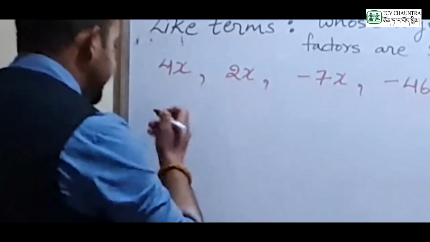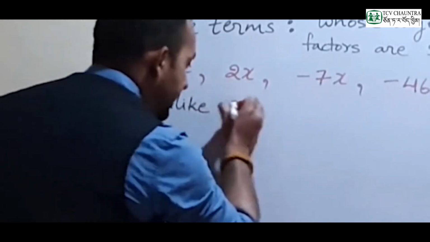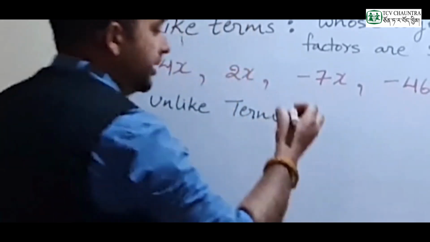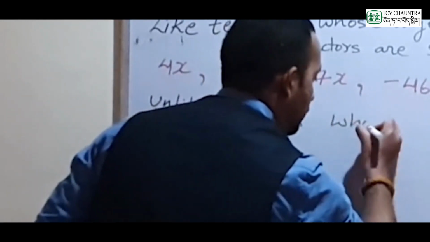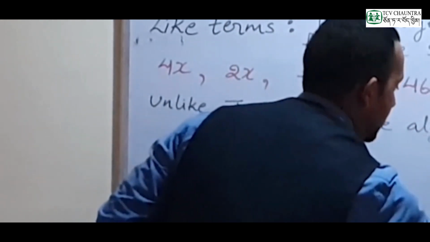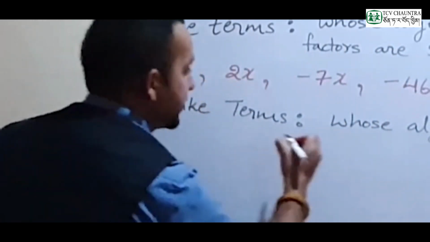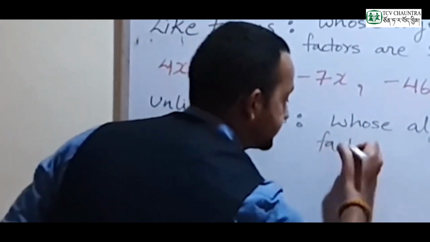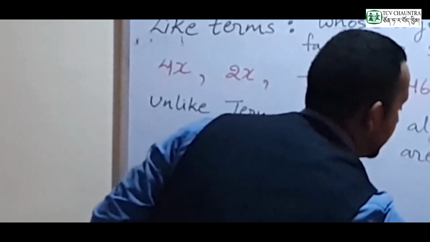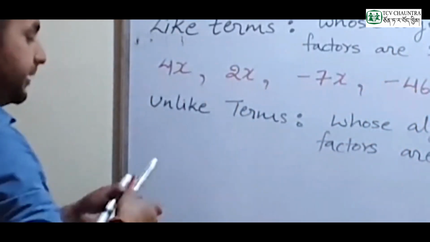Now unlike terms means whose algebraic factors are not same, right? Let's take an example.